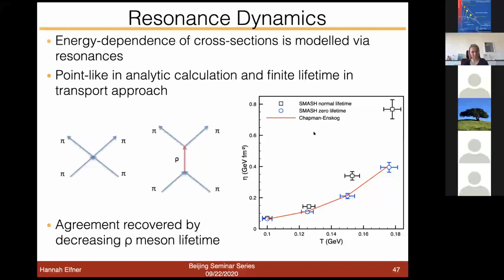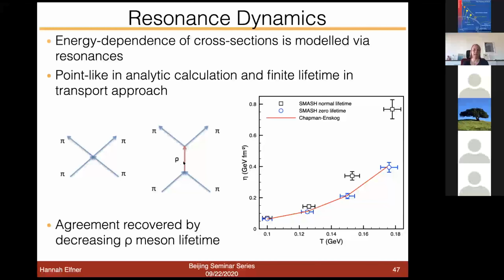We figured that in these analytic calculations, what is assumed is that the pionic interaction is happening at a point, so that this is a point-like interaction. So the lifetime is not taken into account. In our approach, if two pions meet each other, we form a rho meson. That rho meson propagates for its lifetime, so around a Fermi or so, and then it decays into pions.